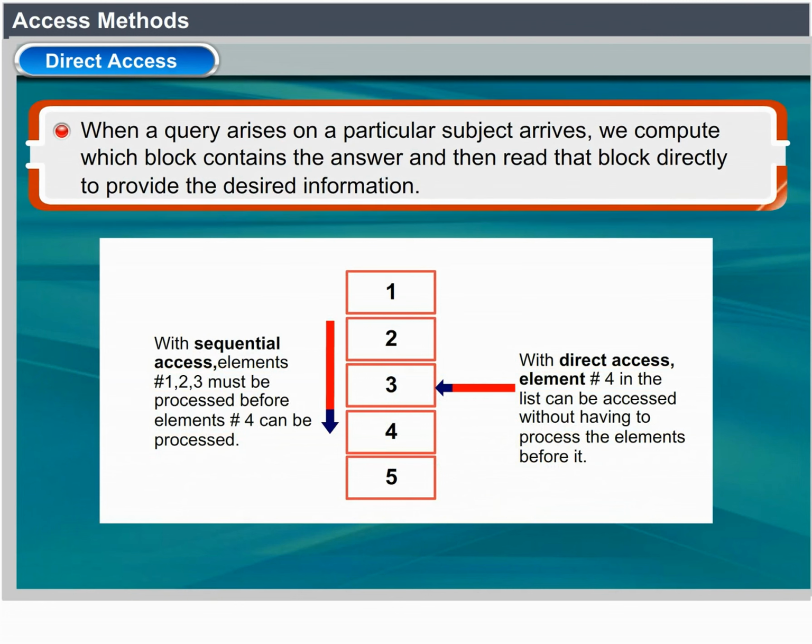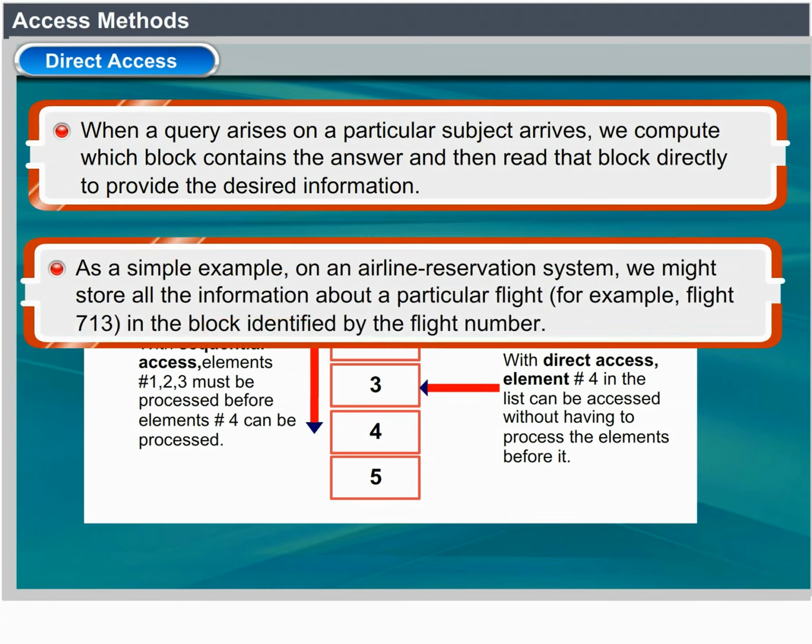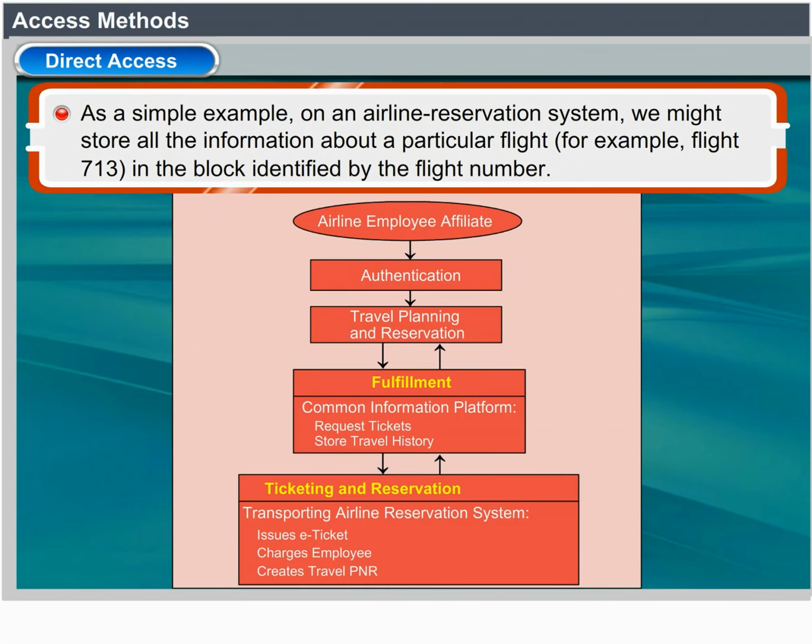When a query concerning a particular subject arrives, we compute which block contains the answer and then read that block directly to provide the desired information. As a simple example, on an airline reservation system, we might store all the information about a particular flight, for example, flight 713, in the block identified by the flight number.